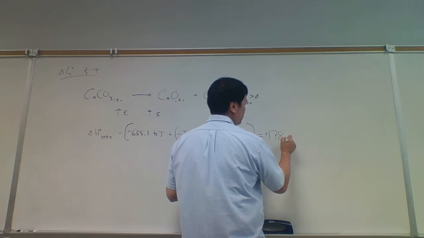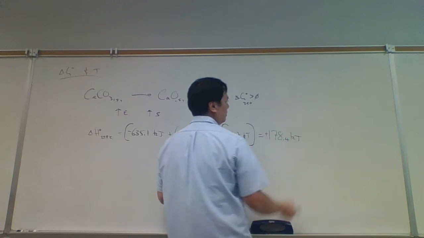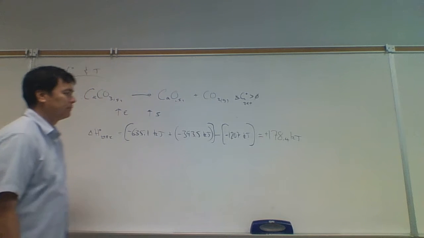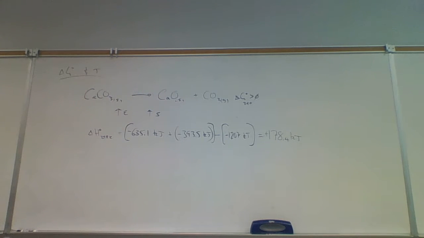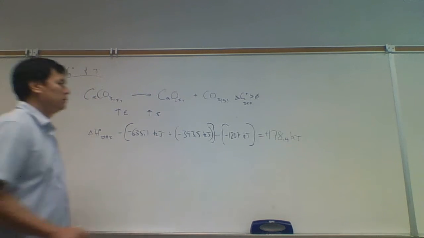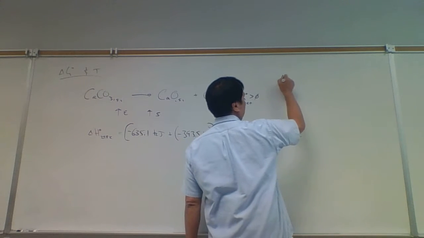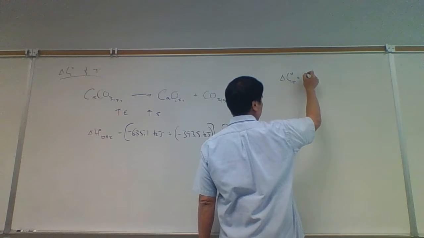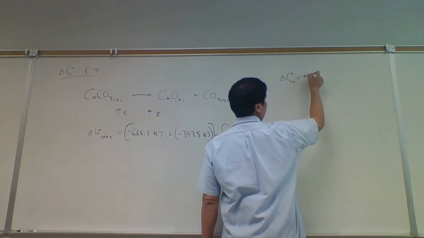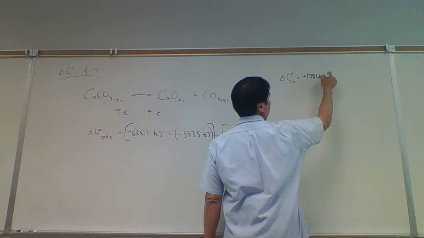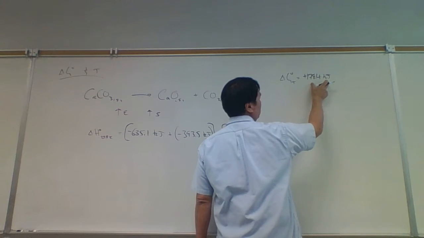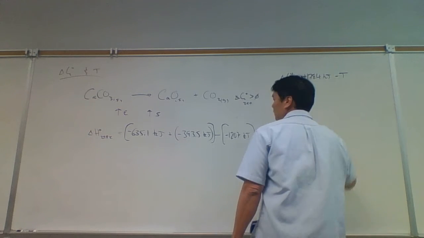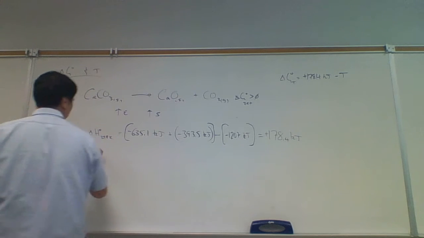I'll subscript the 4 to indicate that 4 is not significant as far as sig rules go. And so if we look at our delta G equation, delta G at temperature T under standard conditions is going to be plus 178.4 kilojoules for our delta H term minus T. Then we'll get our delta S term.